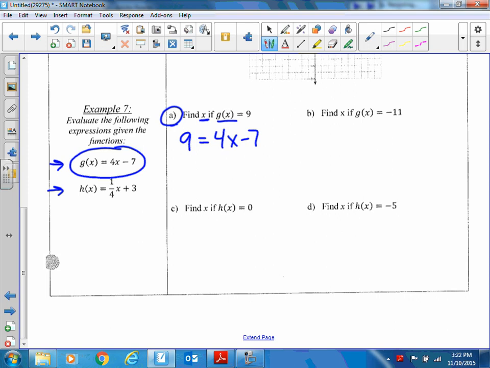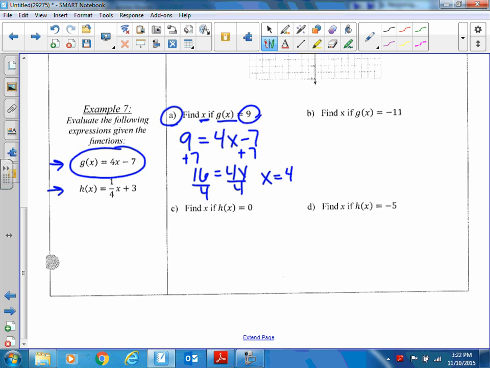And we're just going to solve this for x. So I'm going to add 7 to both sides. 16 is equal to 4x, divide by 4, and divide by 4. So x is equal to 4. And that's all you have to do. You just have to go to the right function and solve for x, because it's telling us to find x if the output is 9.